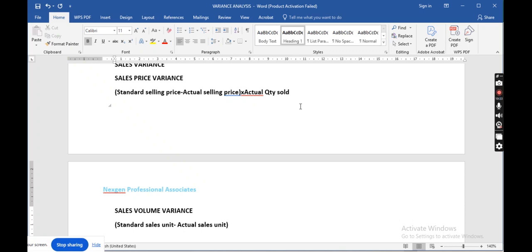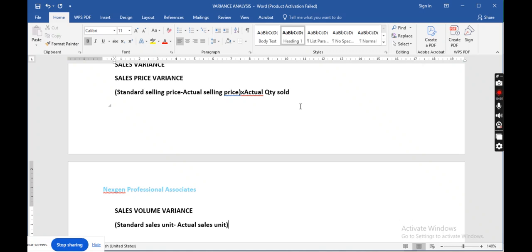Because it is volume, just like efficiency. The way we did efficiency, you multiply by the standard rate, right? The same thing is applicable here. This is volume. You multiply by the standard contribution. Now, there are two approaches to this. Some say you multiply by standard contribution, and some will say multiply by standard profit.